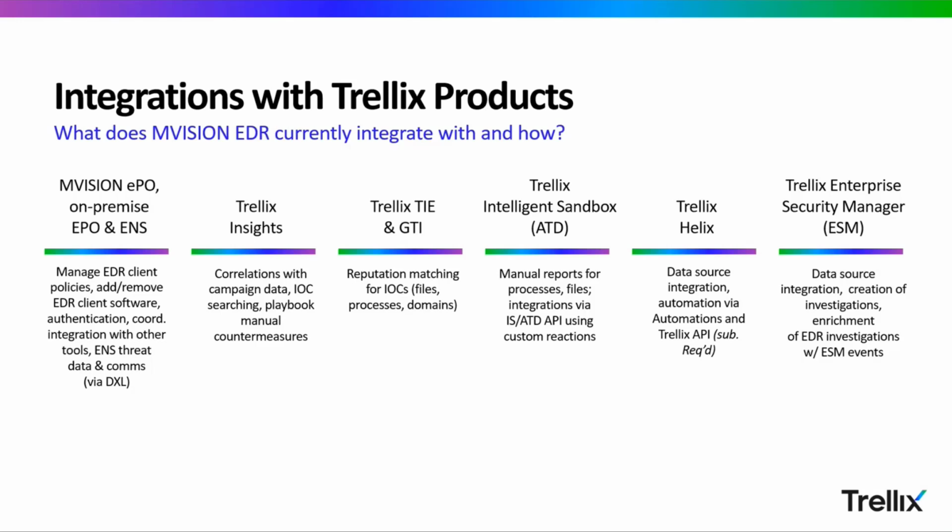For instance, we have two SIEM or SOAR SIEM products, such as our Trellix Helix and ESM platforms. And in both those platforms, EDR is a data source that can be ingested. I will mention that any automations or integrations back into EDR will require an API subscription with our Trellix API, as we'll discuss in the next slide.